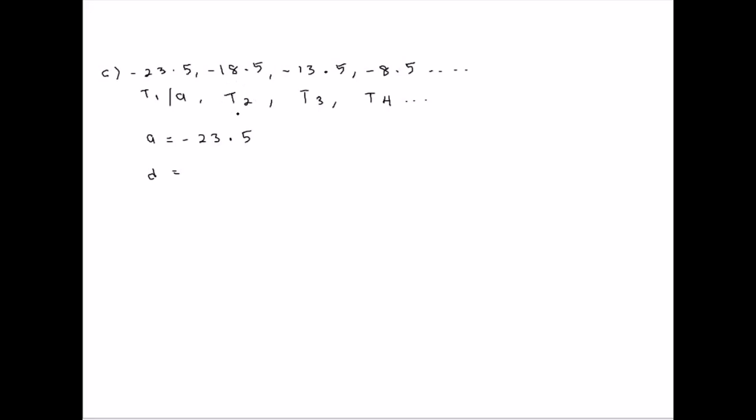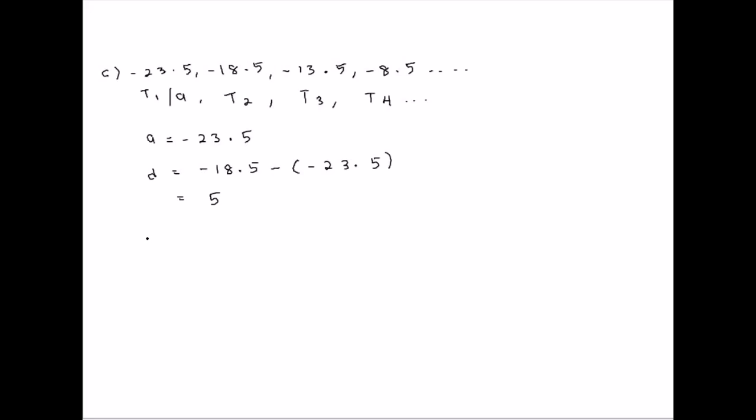So we can either do T2 minus T1 or T3 minus T2 or T4 minus T3. Let's say we take T2 minus T1. So negative 18.5 minus negative 23.5, which equals 5.